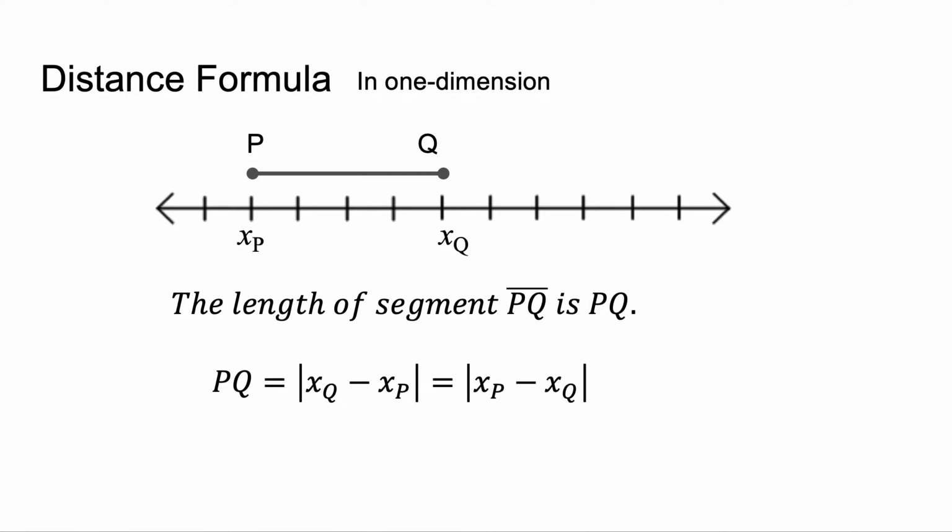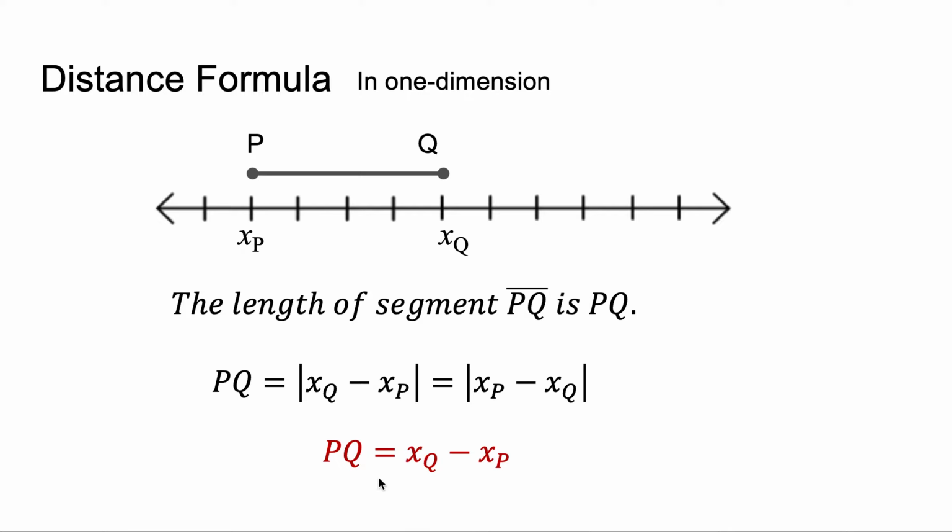Okay, so the way we express that in general is that the distance or the length PQ is xq minus xp, or the absolute value of xp minus xq, where q is the one on the right. I don't know why they really make you do this.